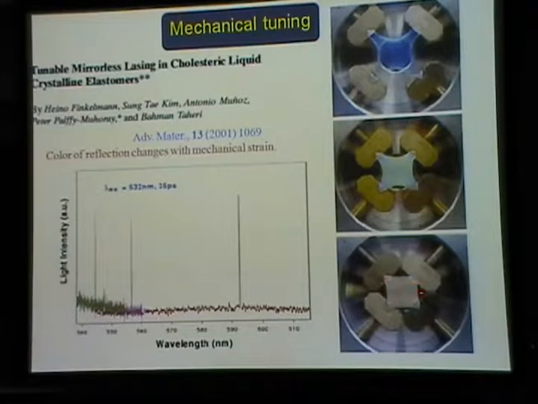With the lowest extension you have red, and by stretching, the film becomes thinner, so the red changes to green and blue. They also observed lasing at each wavelength. This is one of the applications when you use an elastomer as a cholesteric host.